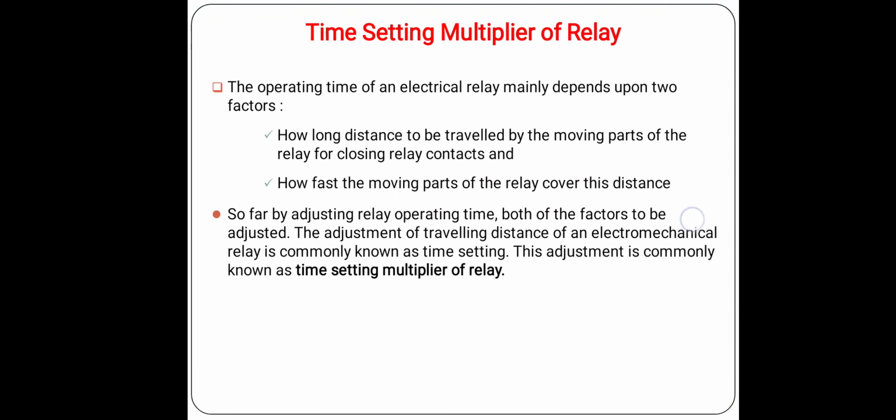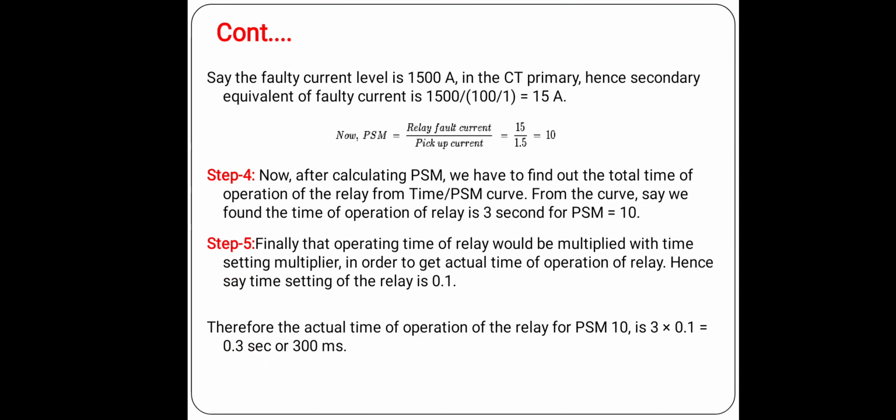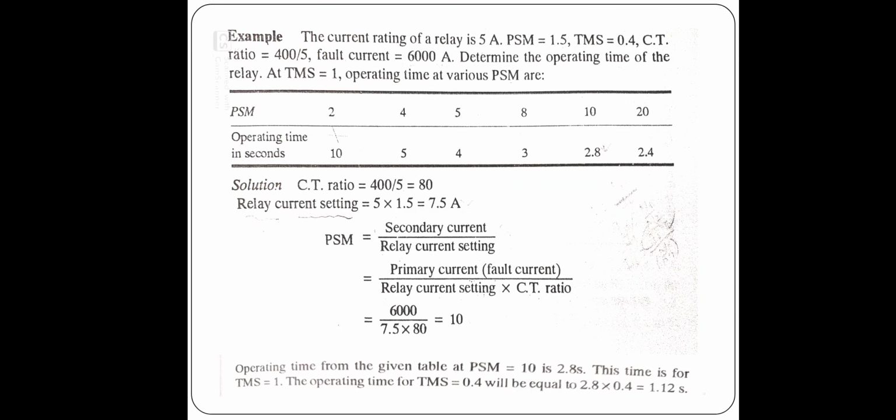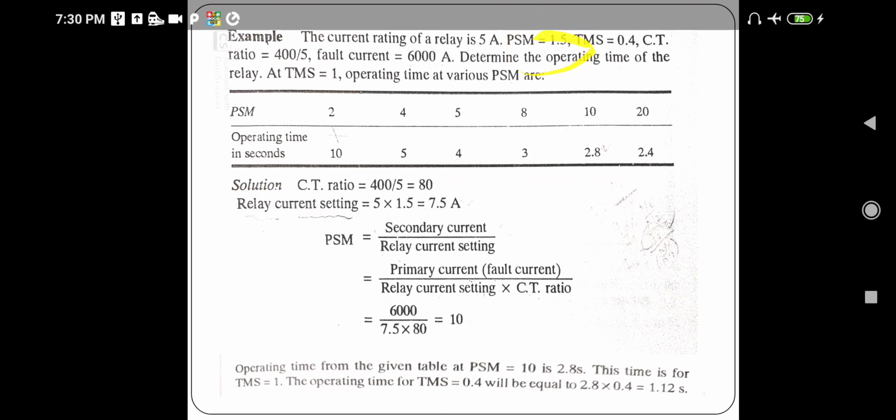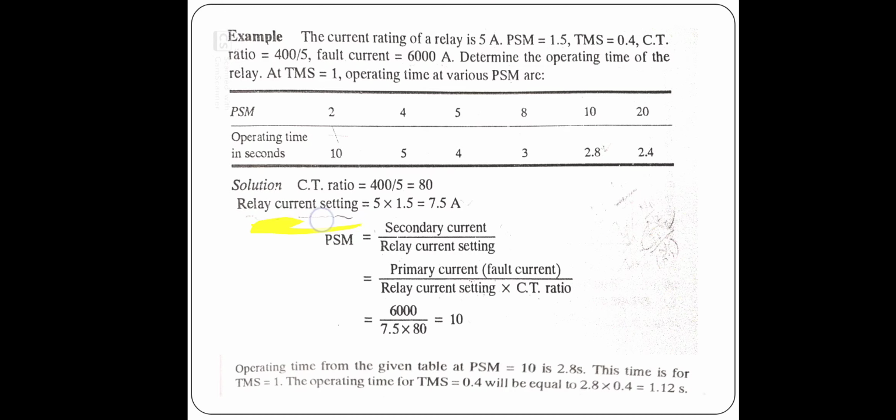Now the PSM is already mentioned, this is 1.5. So if we need to find the relay current setting, we simply multiply the secondary current by PSM. This is 5 into 1.5, equal to 7.5 ampere. So we have found the relay current setting.